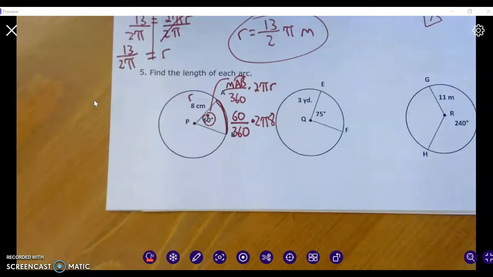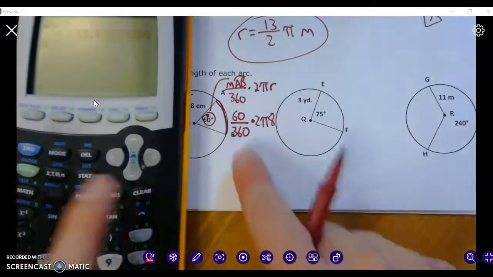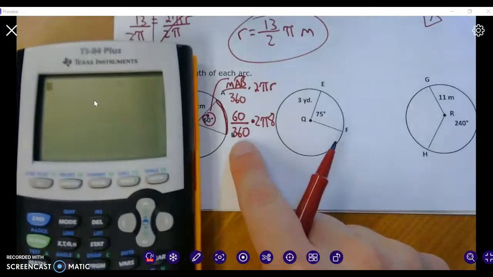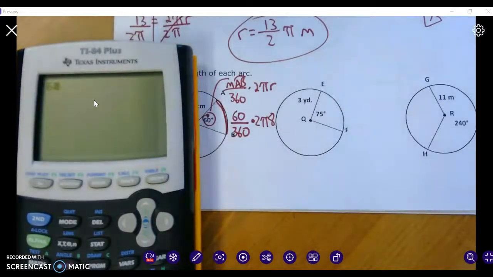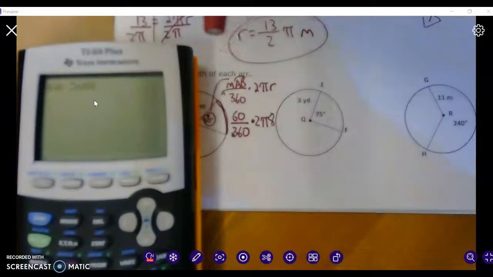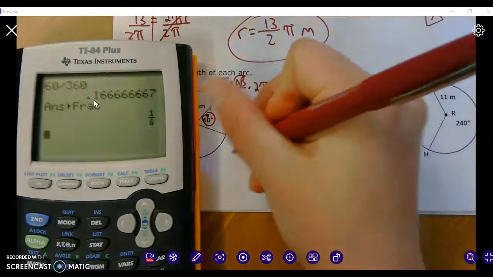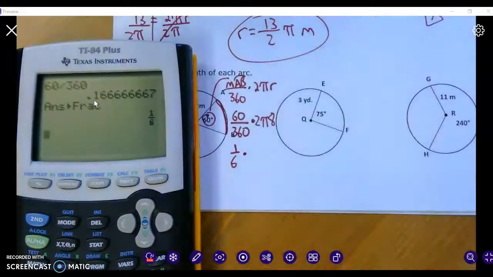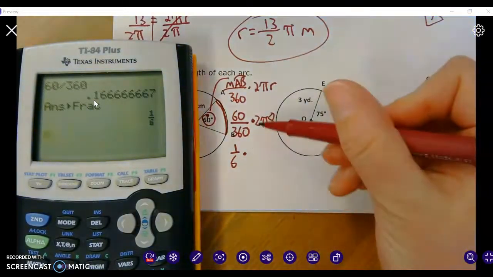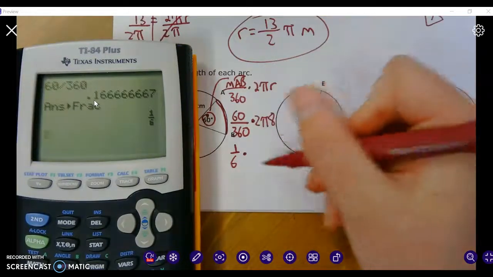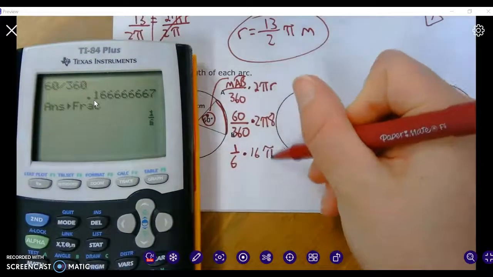And now what I'm going to do is simplify it all together. So we're going to start with this fraction, 60 divided by 360. I hit enter, and then I can go to the math button and change that to a fraction. And that is 1/6. And then we have 2 times 8, which is 16 pi.